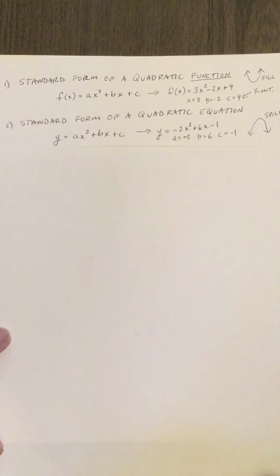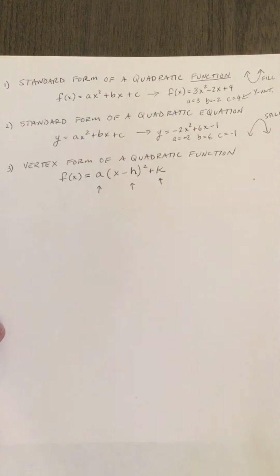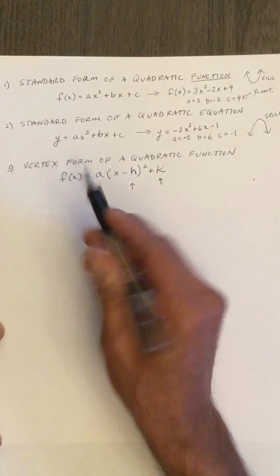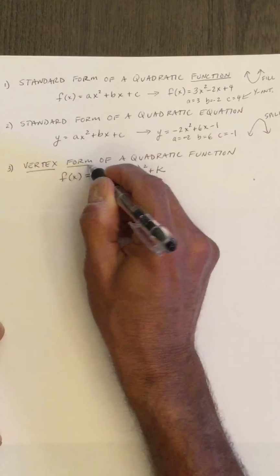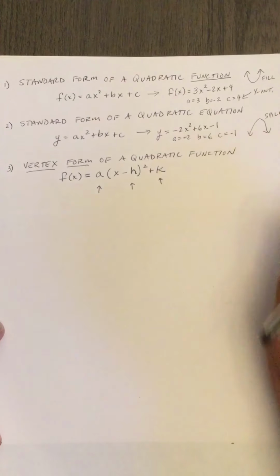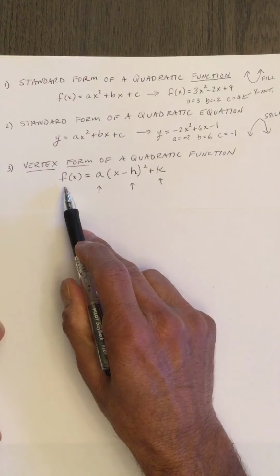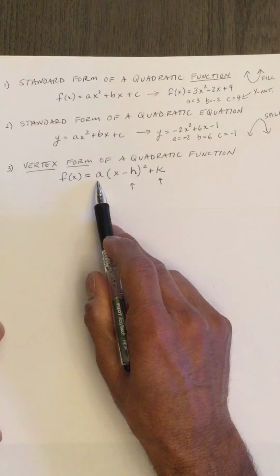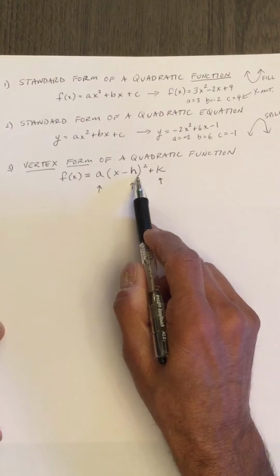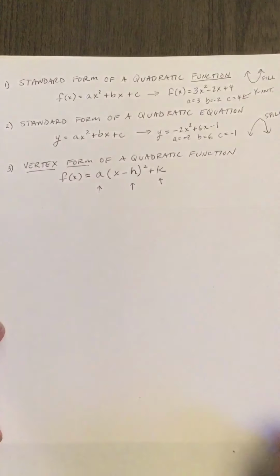Now, what we're going to do today, it's a little bit different, okay? What we're going to do today looks different, okay? It's called vertex form, okay? Vertex form of quadratic function, okay? So when I write something like f of x equals a, parentheses x minus h, parentheses squared, plus k, that's in vertex form.